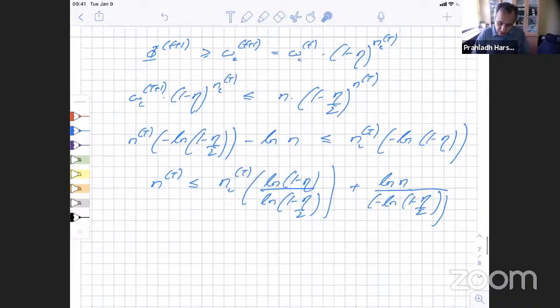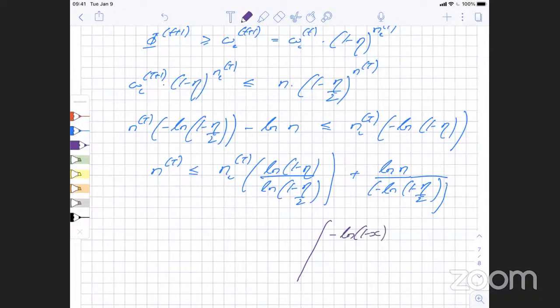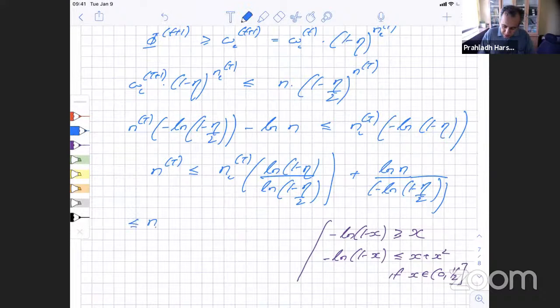So here I don't want to have the lns picture. So I'm going to use these approximations for ln 1 of x. Ln 1 of x is always greater than or equal to x. And minus ln 1 minus x is always less than or equal to x plus x square if x is in 0 to half. So if I use these approximations, I get that n of t: in the numerator I will use this expression, I'll get eta plus eta square.